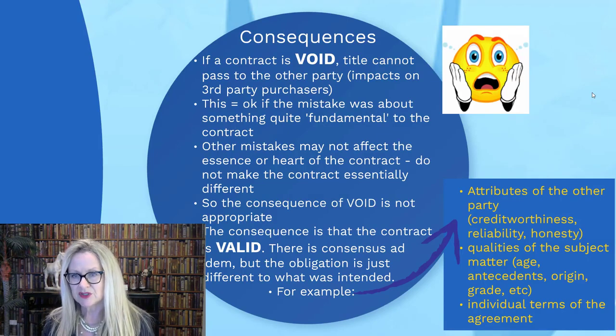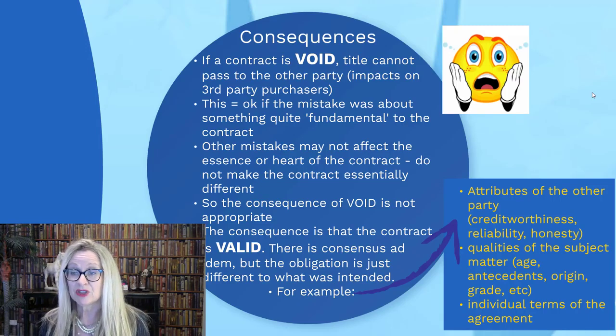And I've given you some attributes of various different mistakes that might be made that don't usually qualify for a successful argument of mistake at common law. So things like creditworthiness, reliability, honesty, age, antecedents, other qualities of the subject matter.